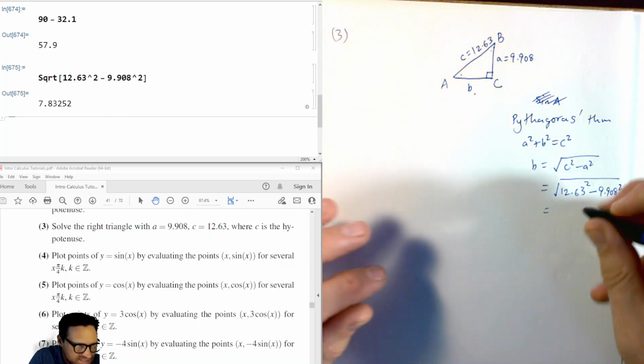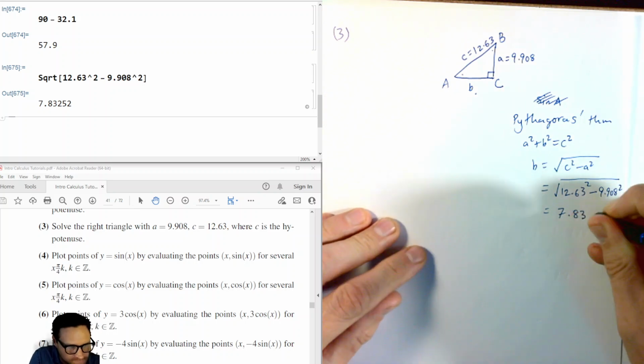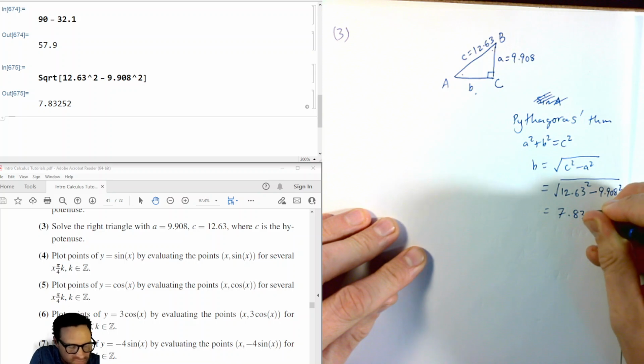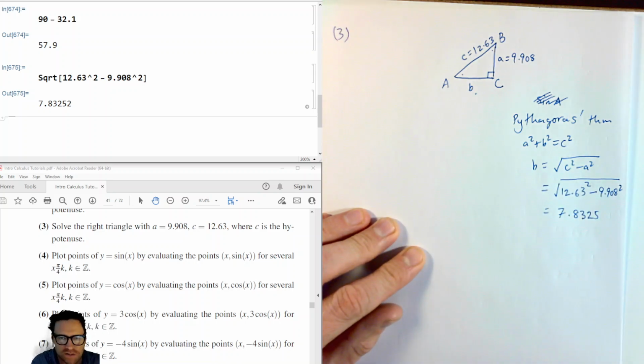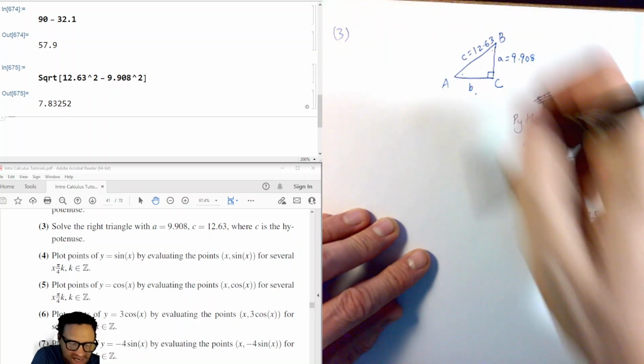And we've got 7.83252 and so on, so I'll chop it off there. So this is B. Now we've got all of the side lengths.